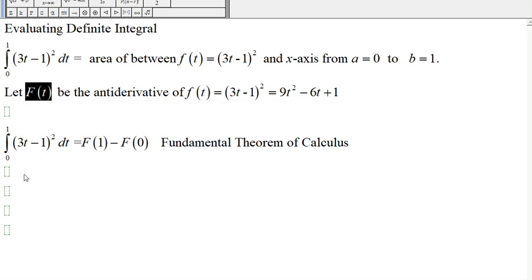The antiderivative of this function: for 9t squared, it's 9 times the antiderivative of t squared. To get the antiderivative of t squared, add 1 to the exponent, which gives 3, and then divide by 3.